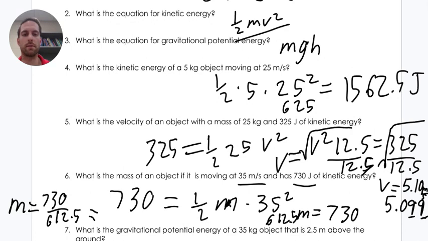And that's going to give 1.19 kilograms.